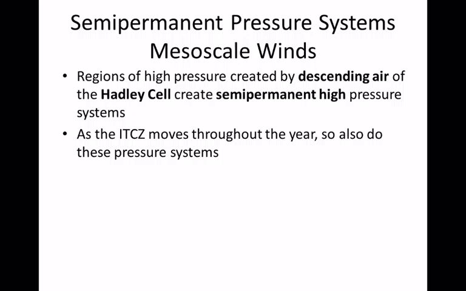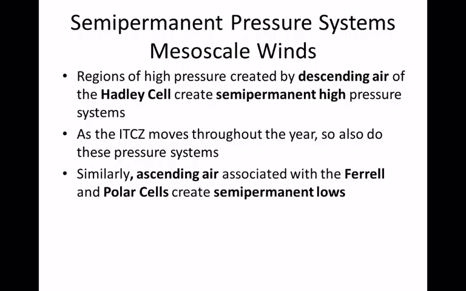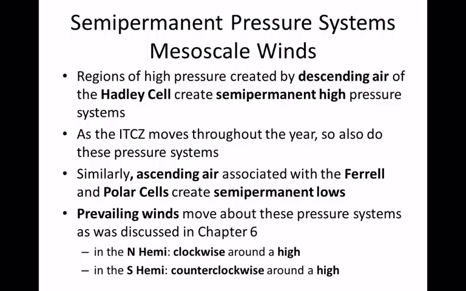They create some middle scale winds. We're going to take a look at those mesoscale winds, and we're going to see big H's and big L's. So I'll just remind you how that goes. I think you guys talked me through it before.